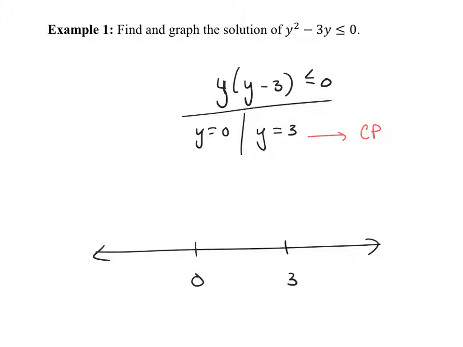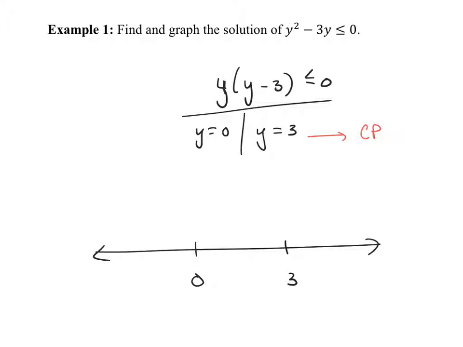So the next step, if you're writing down steps, for those who like steps, test a point from each region in the factored form. Now, if you factored it wrong, you're going to have a problem. But we're assuming your factoring is done correctly.